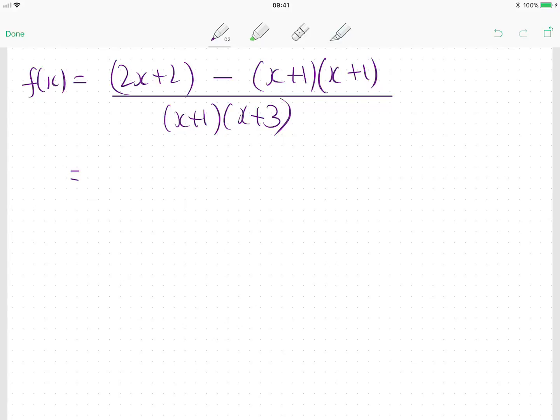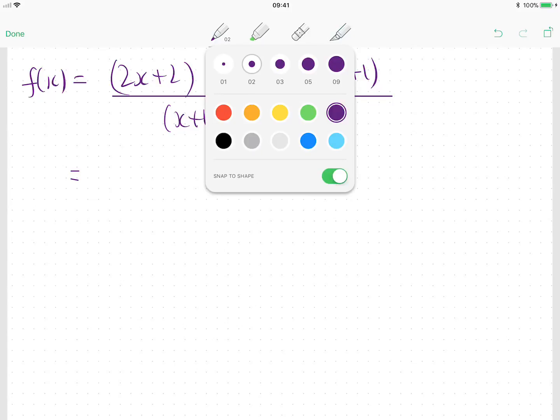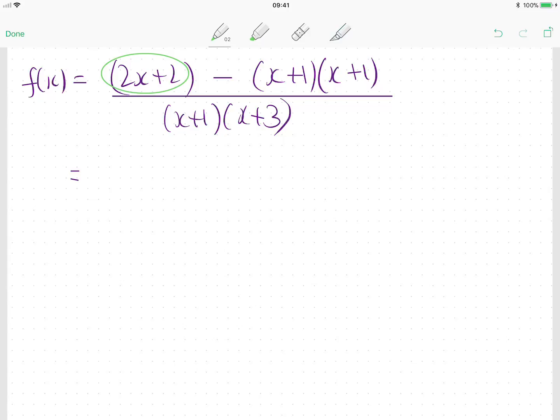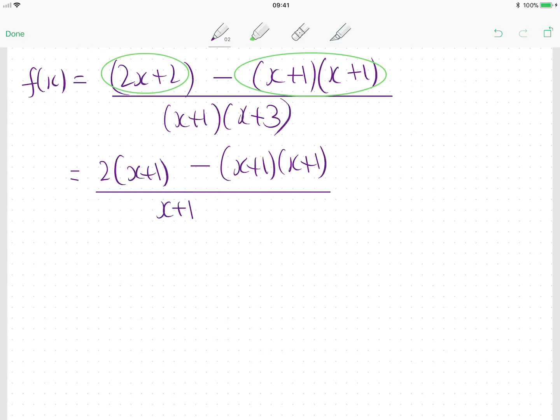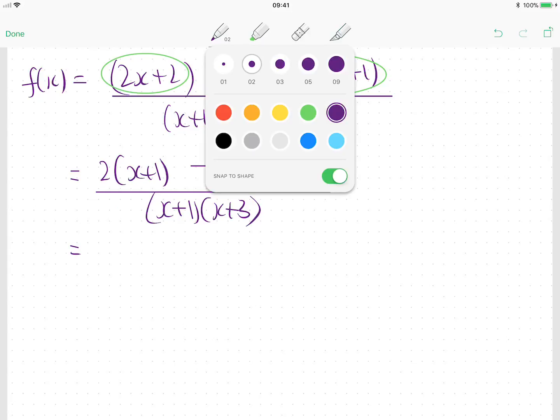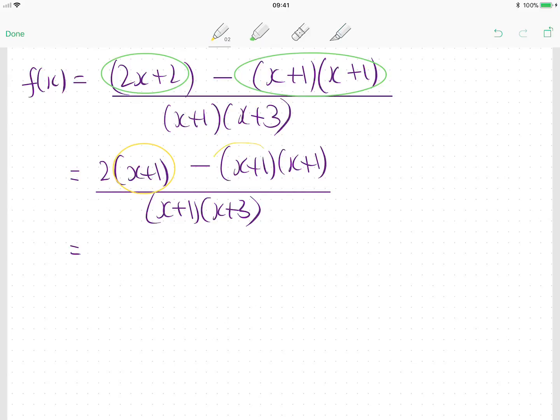Okay, so the top, what's the best way to do this? Well, we need to find factors in here that are also over here, or we could just times it all out and power through. Actually, there's an x plus 1 in both. We can see that if we take it out like this, and now if there's this common factor here and here, it makes the calculation so much easier.